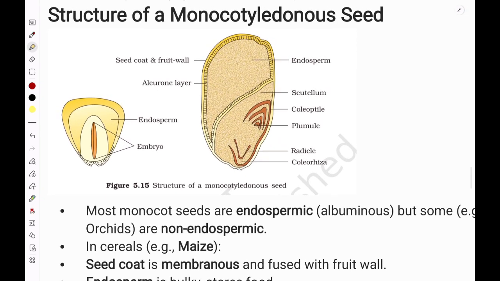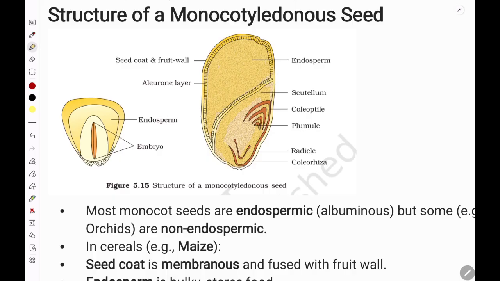This is the structure of a monocot seed, which has a single cotyledon, and it also has endosperm. This is the endosperm of the seed, which is attached to the embryo.